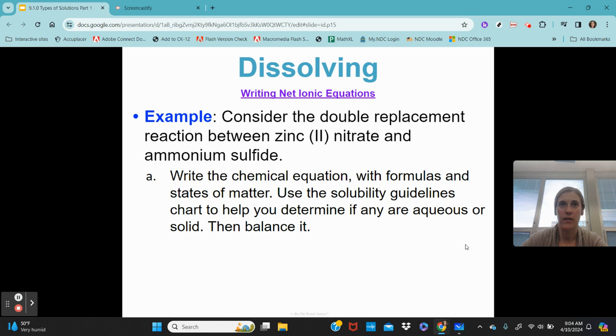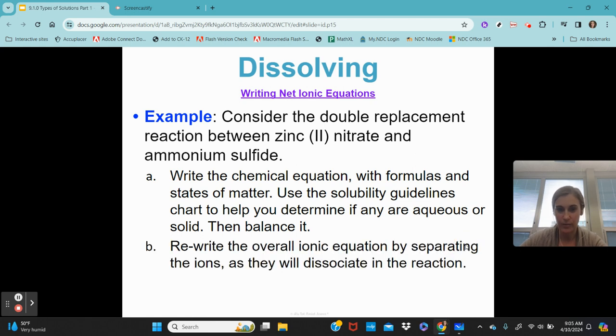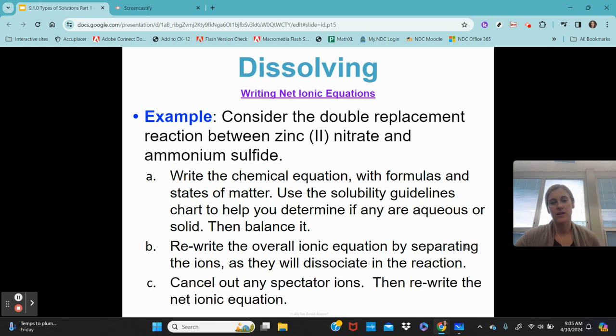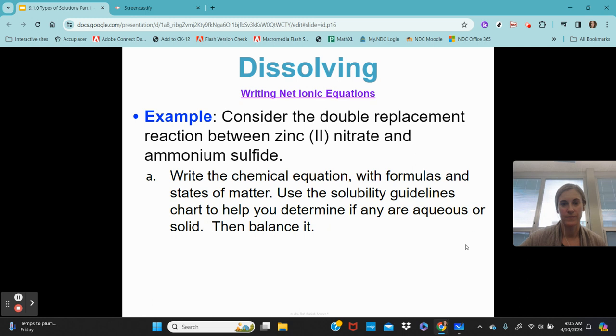The states of matter on the reactant side are always aq, aqueous, because they're both in solution. We will use our solubility guidelines chart to help us determine if the products are aqueous or solid, and we'll balance it. Then we're going to rewrite the overall ionic equation, or complete, same thing, by separating the ions. Then we're going to cancel out any spectator ions and rewrite the net ionic equation.